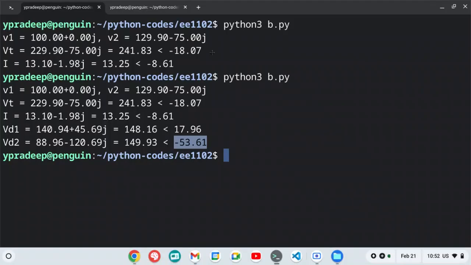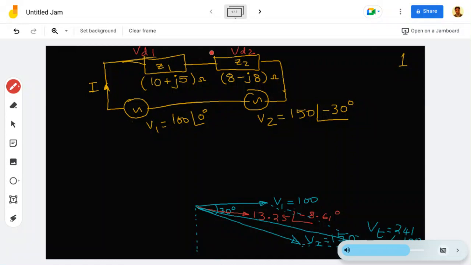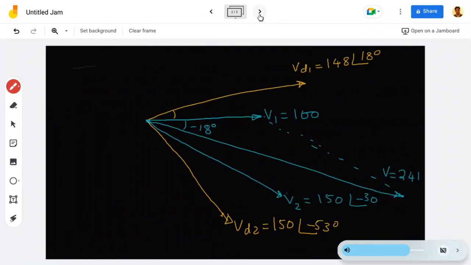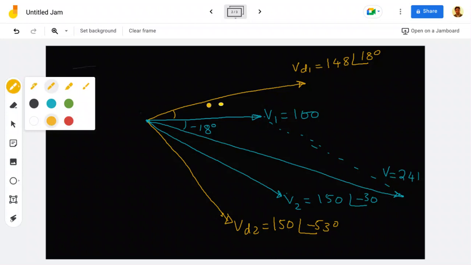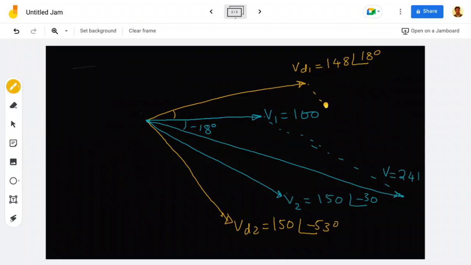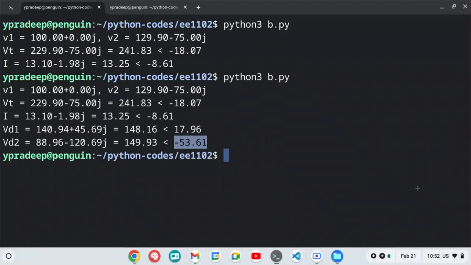Okay, so now you can actually add them. Here also graphically we can see if I take this VD2, attach it to the end of VD1, it will match with the total V. Similarly, if I take VD1 and attach it to the end of VD2, again it should match with that one. Okay. But since graphically we are not doing, I can always do like this.